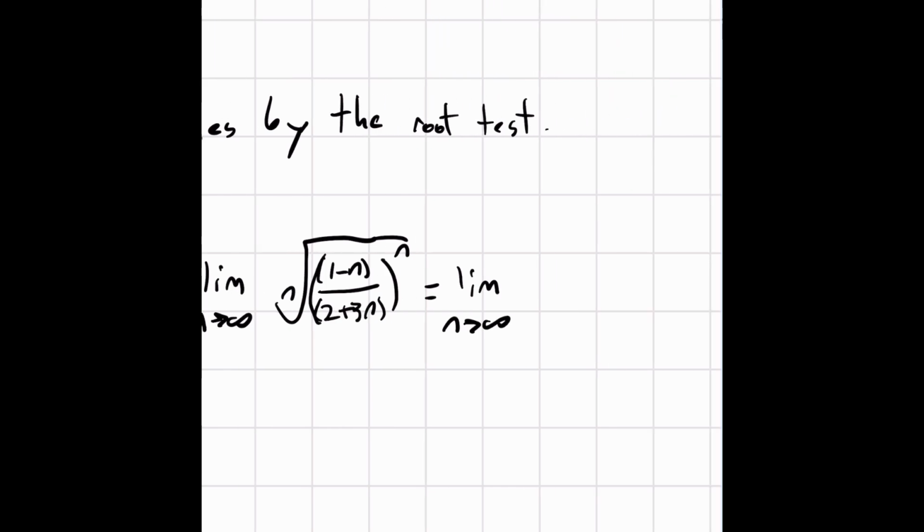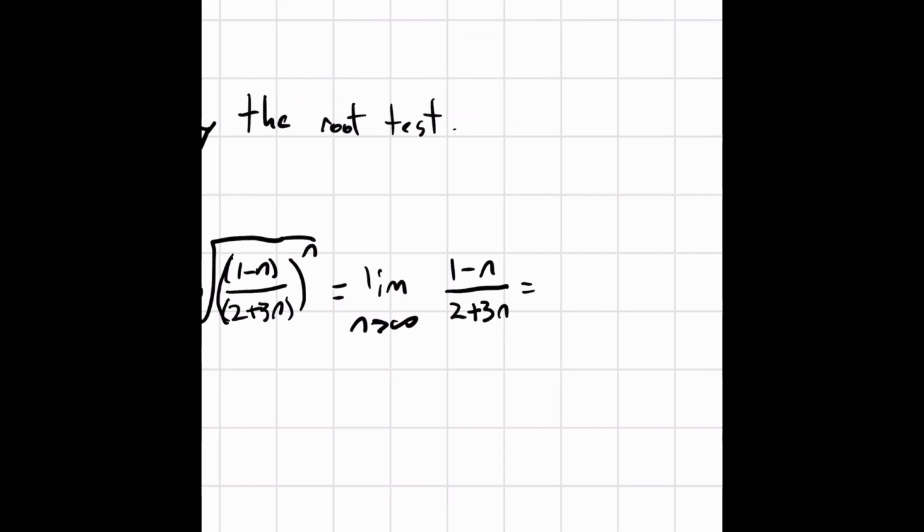So this is just the limit as n goes to infinity of 1 minus n over 2 plus 3n. And look at the leading terms there. Now both top and bottom blow up to negative infinity or positive infinity, so you can use L'Hopital's rule here. That's going to look like negative 1 over 3.